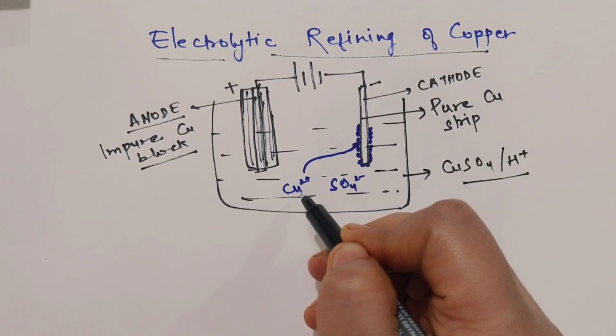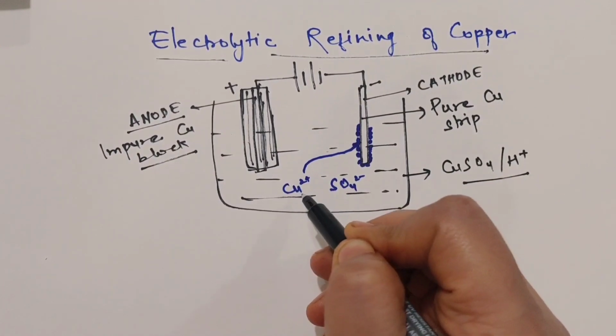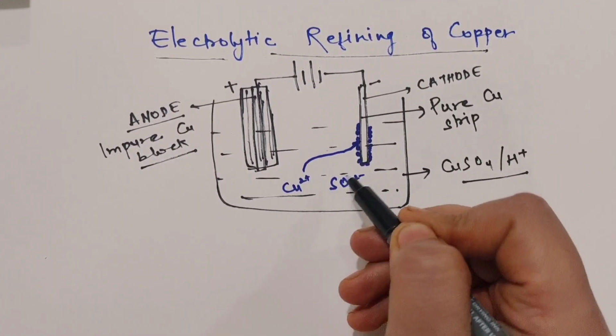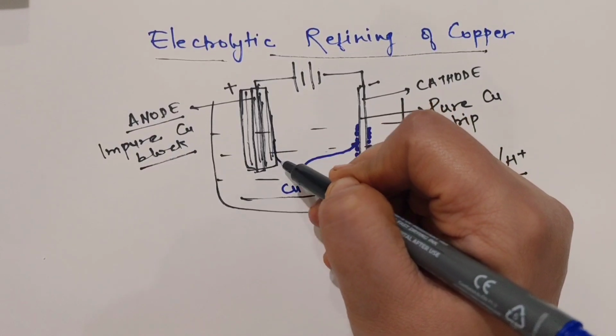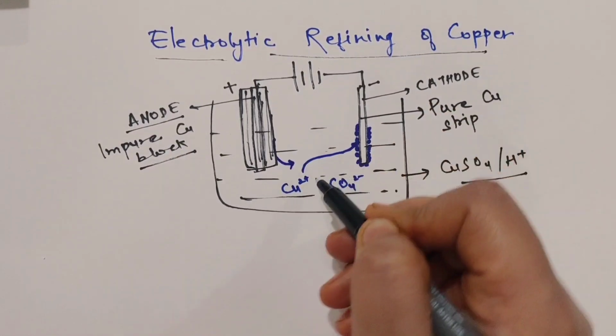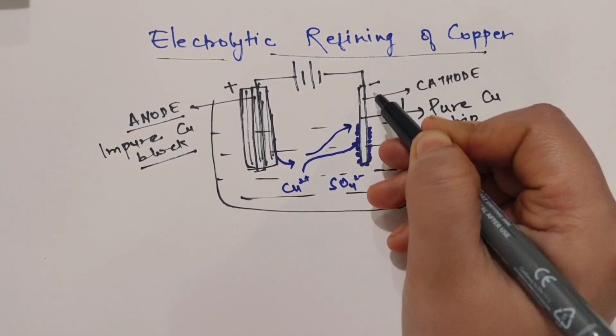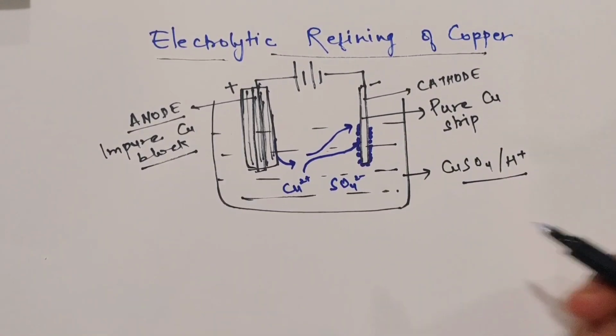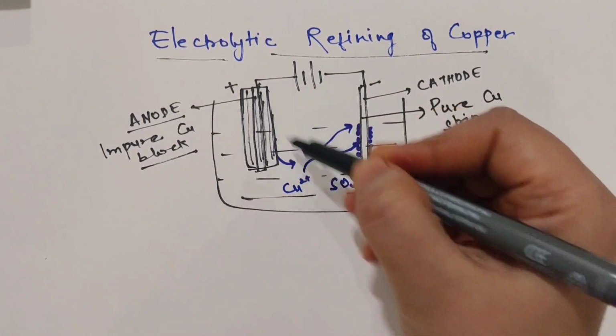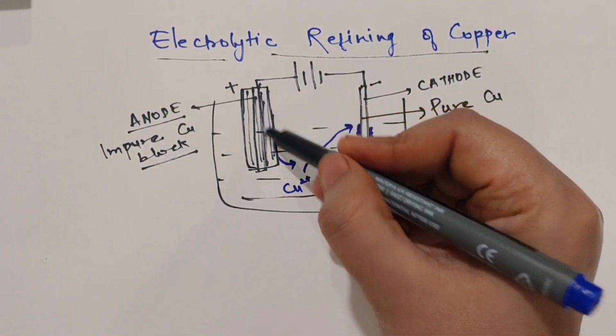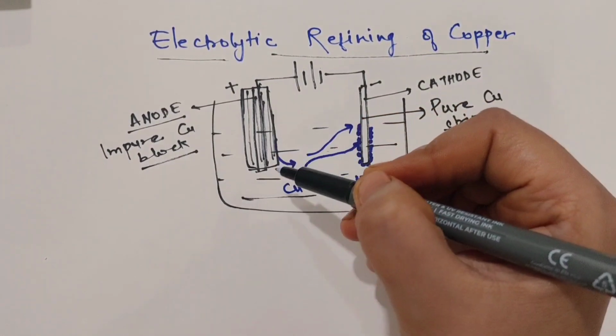Now as that happens, there would be a dearth of copper ions in the solution. To make up for that, copper would leach out from the anode and ultimately it will also get deposited onto the cathode.